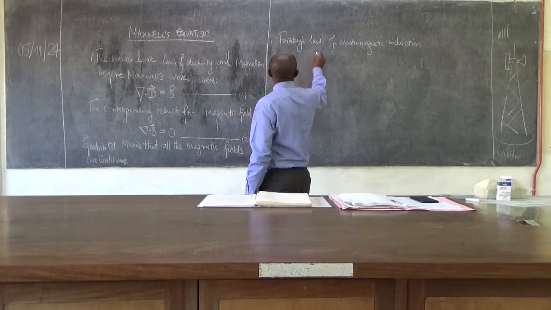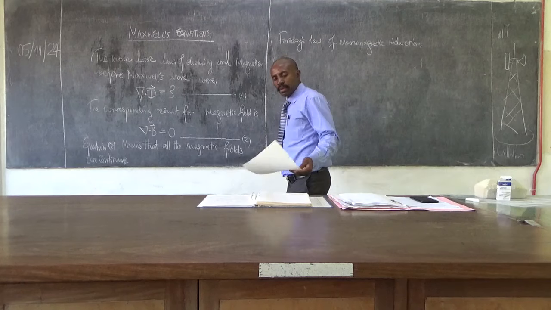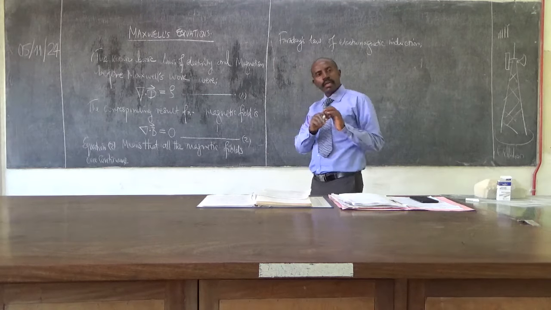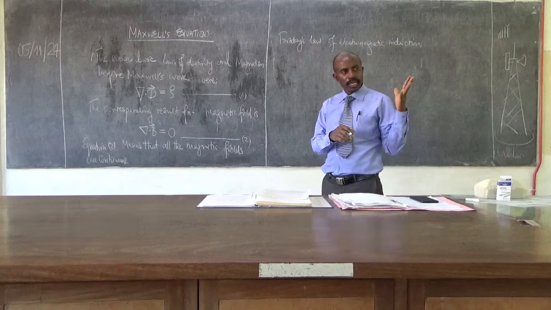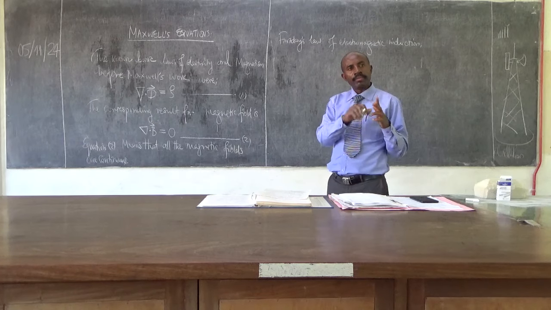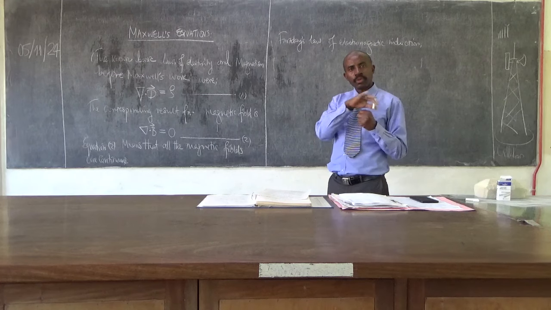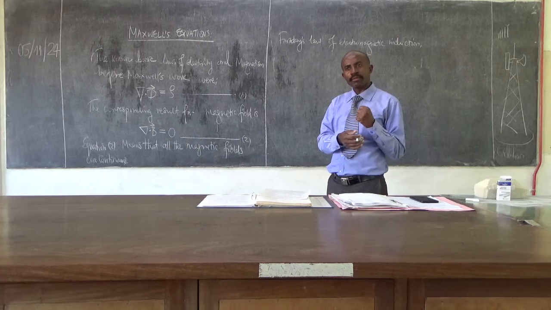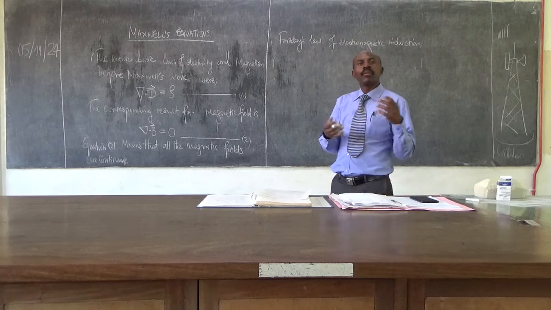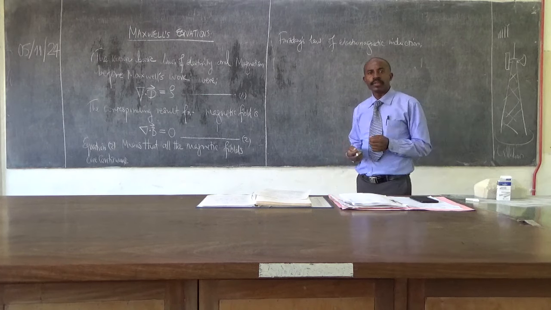We say that when you try to curl the electric field lines, if the field lines are static, they disappear. So you won't find anything. That's why we say the curl of E equals 0 for electrostatic fields.